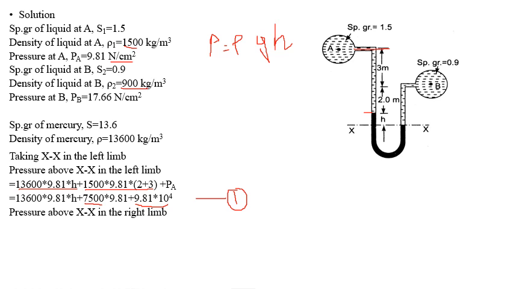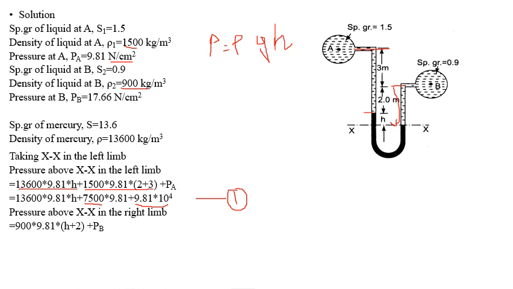So here the total height is 2 meter plus h, right? The total height from the axis of the pipe up to the XX line, that is 2 meter plus h.